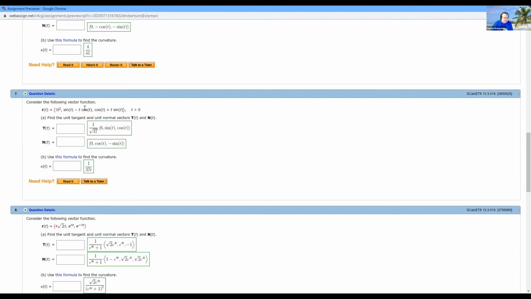We have a 3t squared, a sine t take away t cosine t, and a cosine t add a t sine t. And I am going to get the curvature of that. Okay, so I've now got two questions that we're going to do, or at least I'll try. If we get through them, that's great.